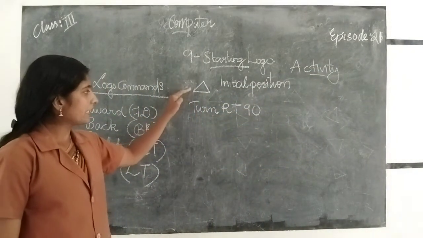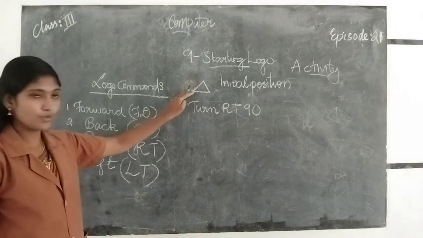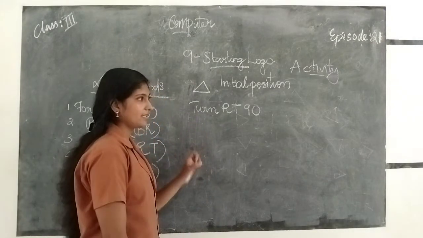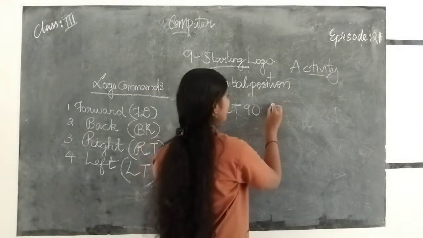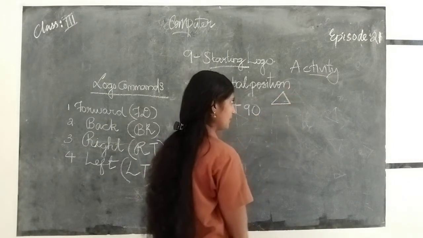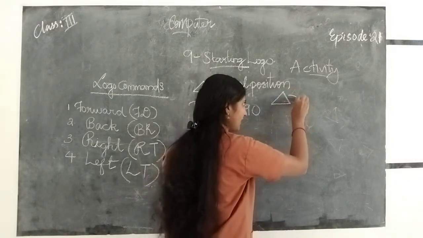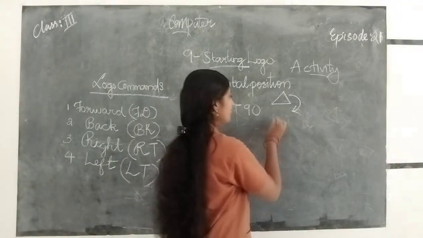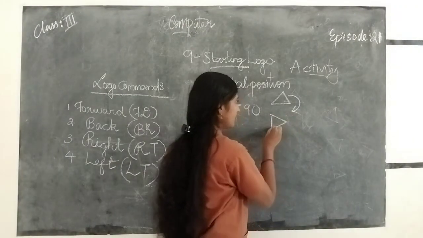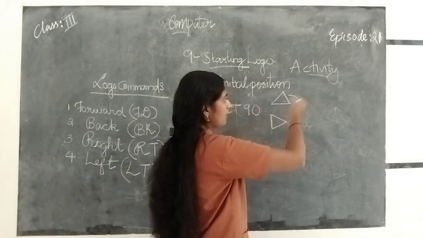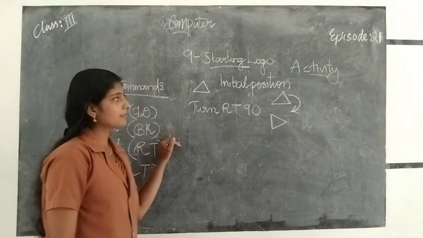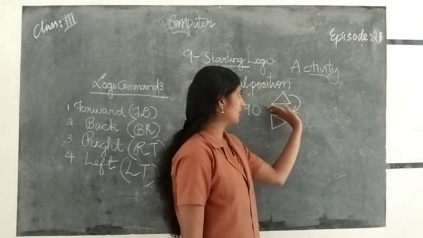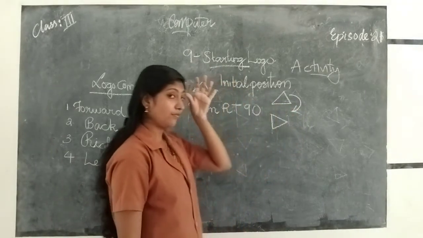So we need to turn this turtle by 90 degrees. So that means here is the turtle. We have to turn to the right side with an angle of 90 degrees. So what is the final result here? So this is the final result. Turn this turtle to the right direction with an angle of 90 degrees.